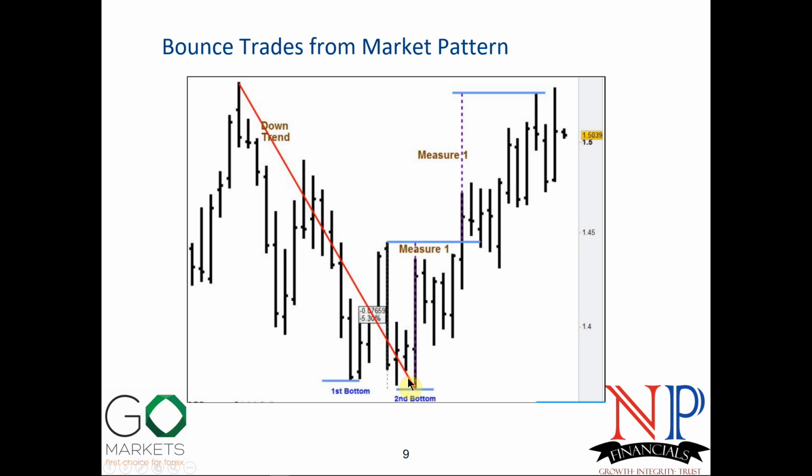This is a peak because a down bar is preceded by an up bar, and this is a top because this is an up bar preceded by a down bar. Now this was a peak because this is a down bar preceded by an up bar. So the peaks are coming down and the drops, or swing lows, are coming down. That's why it is a downtrend.